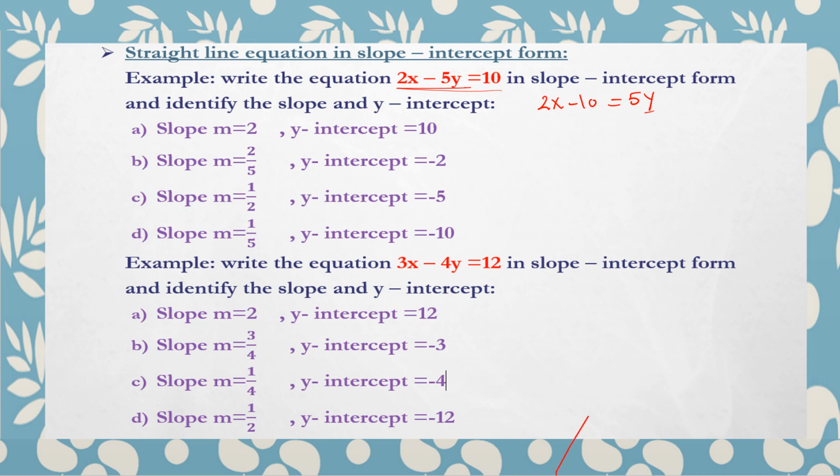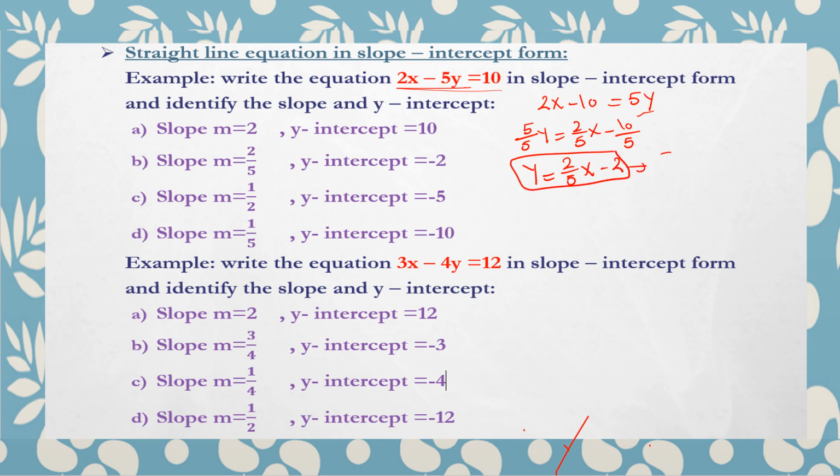Here we need only y, so we will divide both sides by 5. So, 5 by 5y equals 2 by 5x minus 10 by 5, and y equals 2 over 5x minus 2.